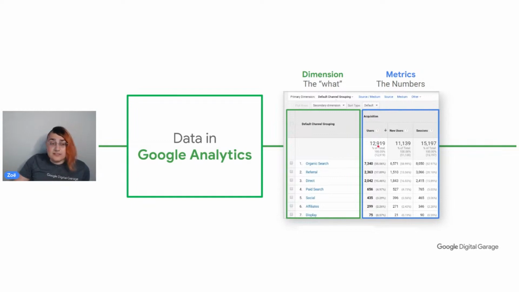How many users came to your website from organic search? Well, in this case, it's 7,340. New users is the next metric, and that's how many of those users were brand new. How many of them were people who've never been to your website before. In this case, we've got 6,571.